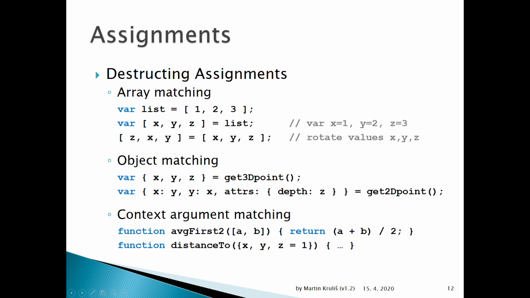So basically this will create again 3 variables x, y, z. The z is taken from the nested depth structure, so you can use this for nested structures as well, and x and y will be assigned to the variables with their opposite names.